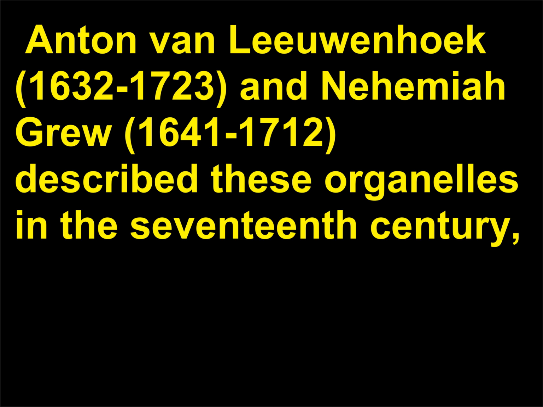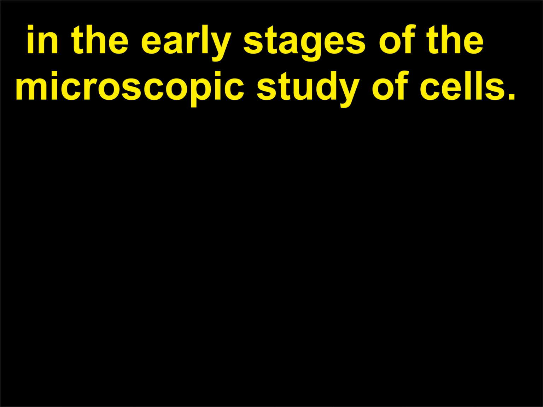Anton van Leeuwenhoek, 1632–1723, and Nehemiah Grew, 1641–1712, described these organelles in the 17th century, in the early stages of the microscopic study of cells.